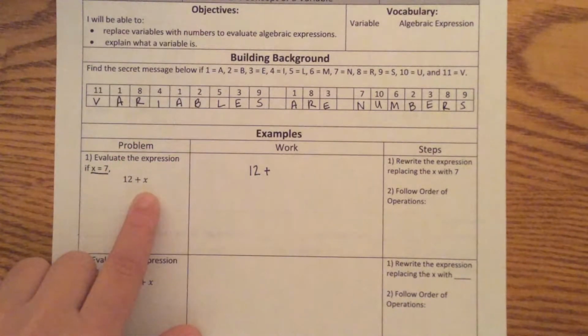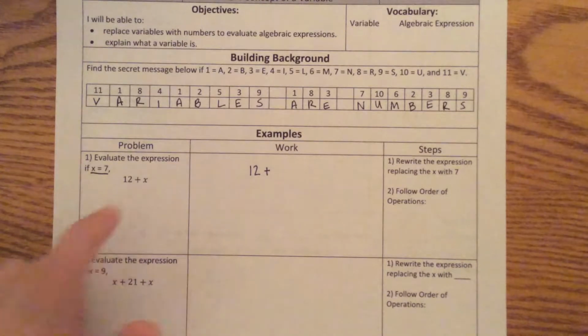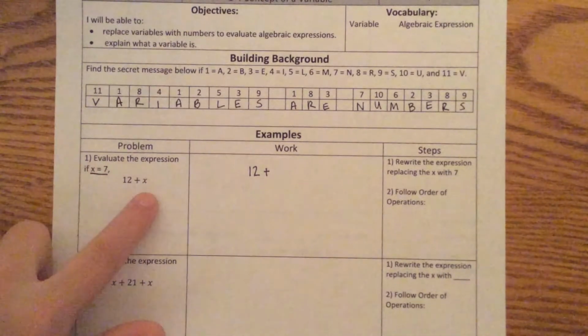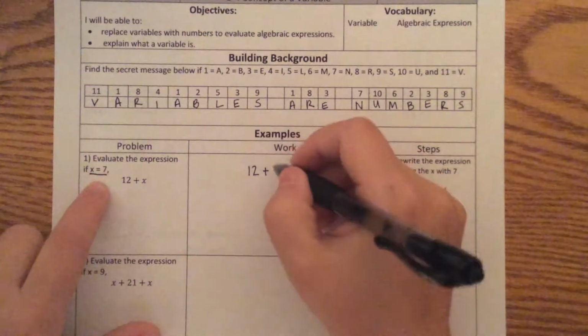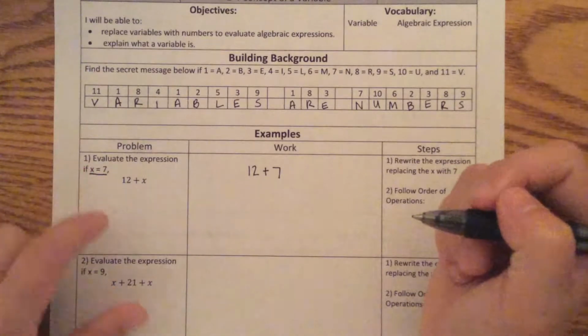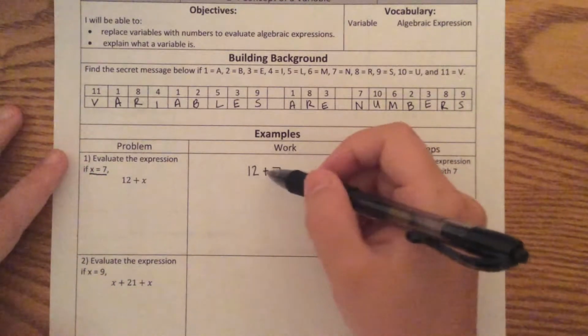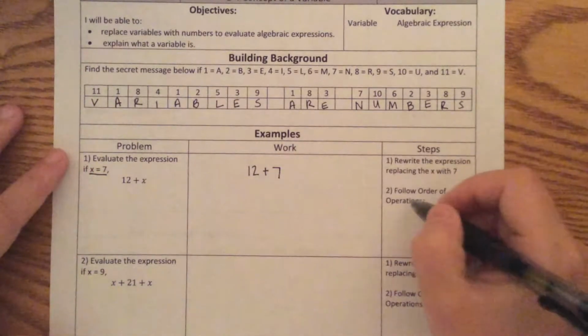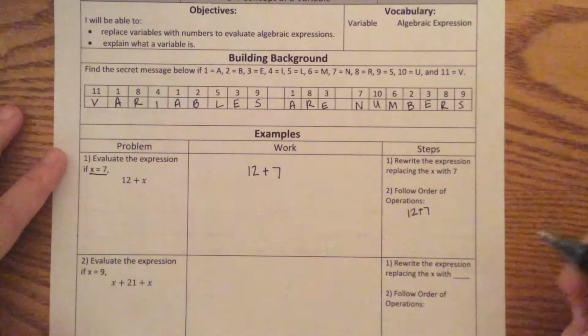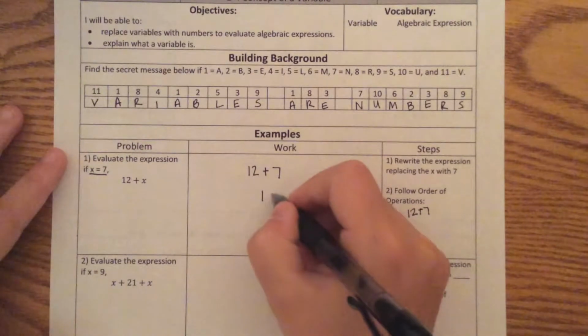Okay, now if you need to grab a highlighter, you can do that. And you can highlight that x, and this x equals 7. So we have 12 plus 7. Then our last step is to actually add those together. So 12 plus 7, because we're going to follow the order of operations, which there's only one thing to do, so we just do 12 plus 7. That equals 19.